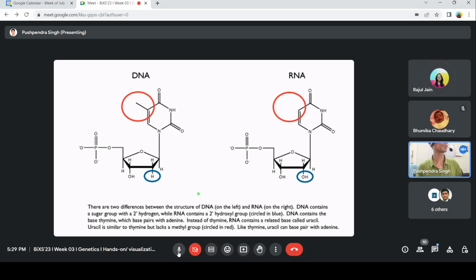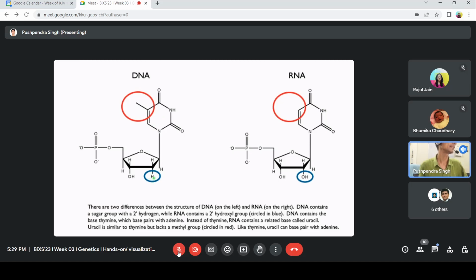Okay, so we will be done in 5 minutes. So in DNA and RNA, we were discussing that there is just one more difference, uracil and thymine. In thymine, there is one extra group here, which is indicated by the circle, and there is an absence of oxygen here.